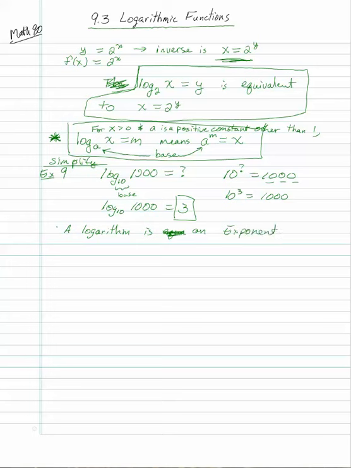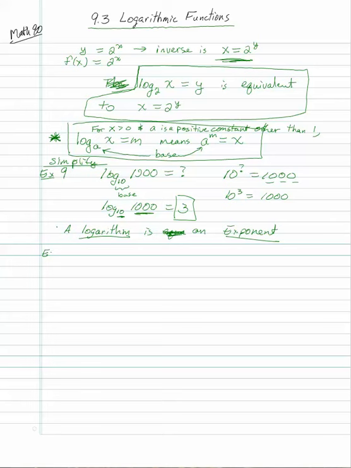Same thing. So the logarithm of 1,000 base 10 is the exponent of 10 that gets you 1,000. So 10 to the third is 1,000. So we're asking, what's the exponent of the base that gets you that number inside?